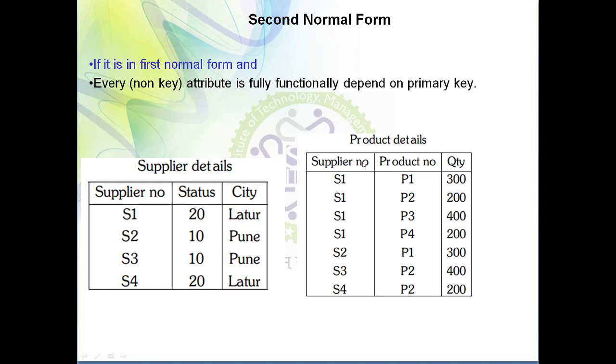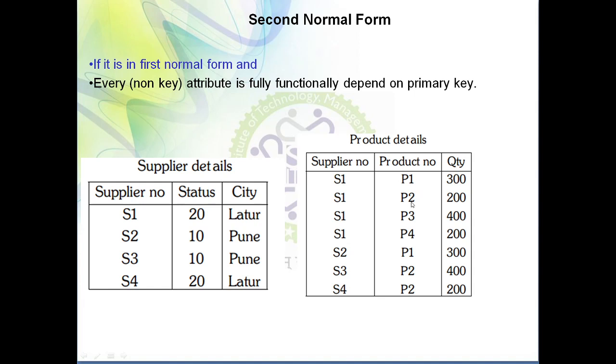So in this case there is a possibility that there can be a partial dependency. Partial dependency exists when, using only supplier number, I am able to identify the value of quantity, or using only product number I am able to find the value of quantity. So in this case, is it possible that having only the supplier number I can tell the quantity uniquely? The answer is no.